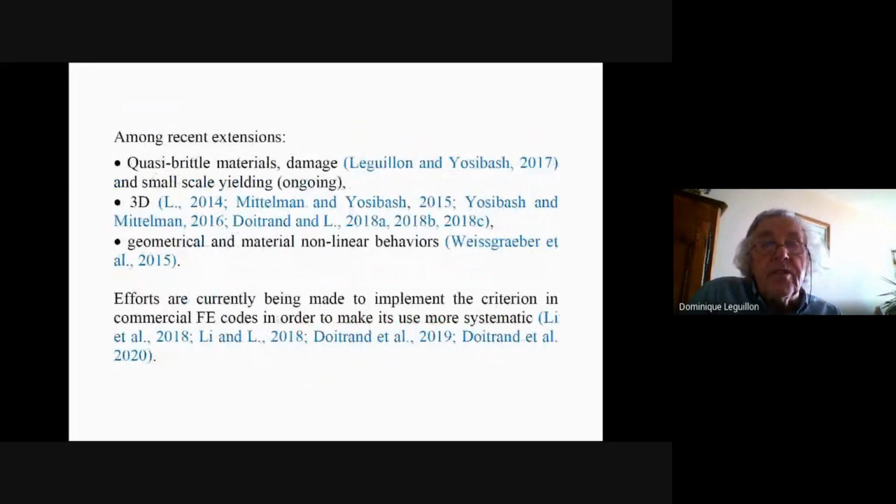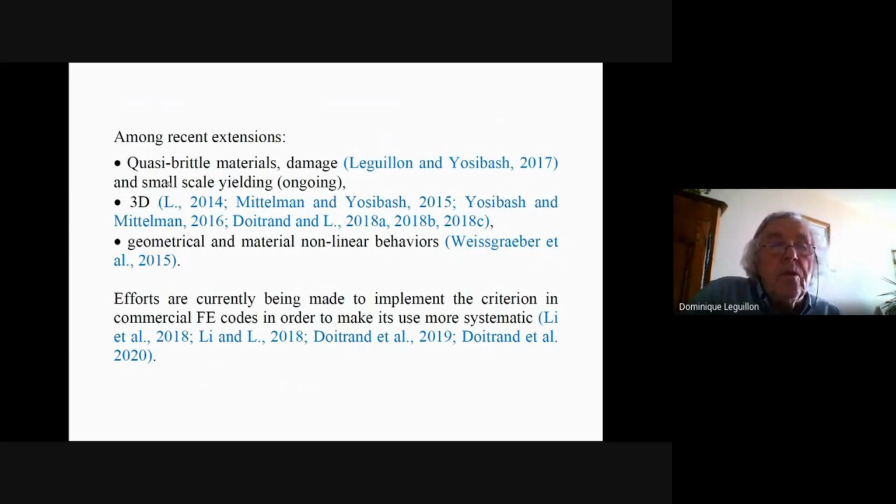Recent extensions, quasi-brittle materials. We consider damage at the tip of the notch, and then before failure, the material is damaged. This is the work we did with Zohar Yosibash. Small scale yielding, we're working on that now. But of course, we cannot at that point work with plasticity that spreads all over the specimen.